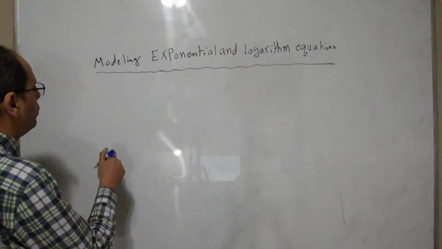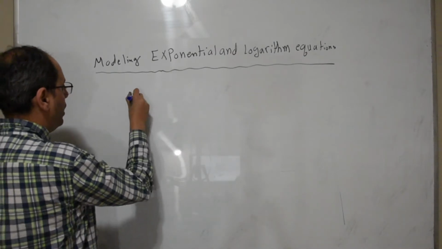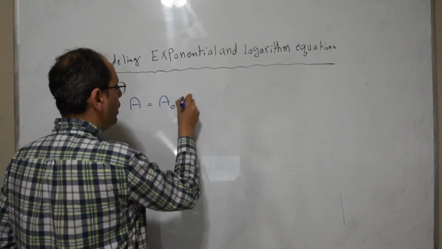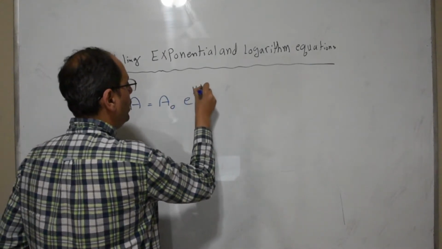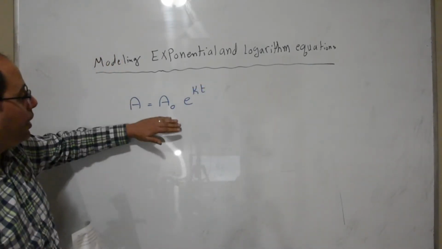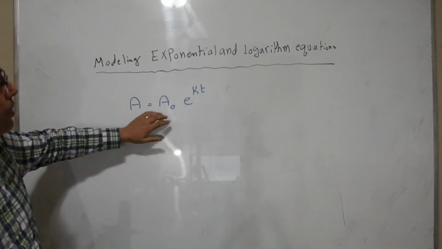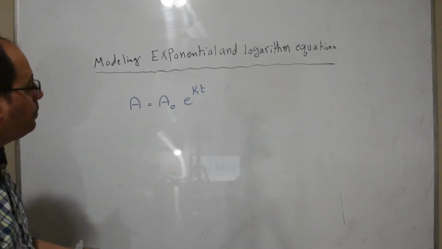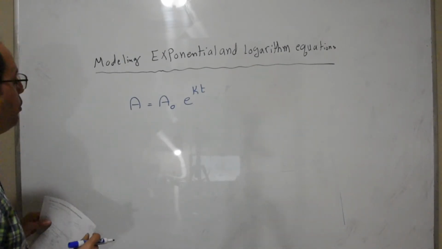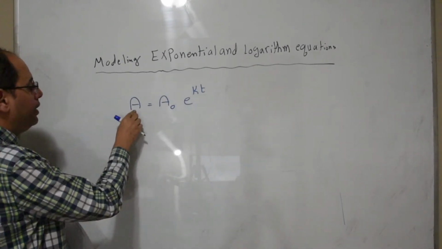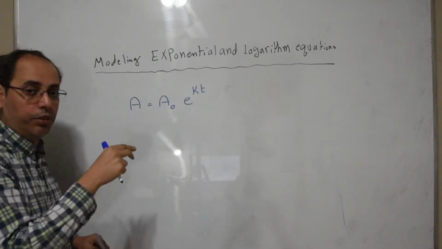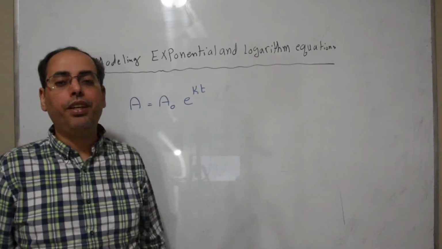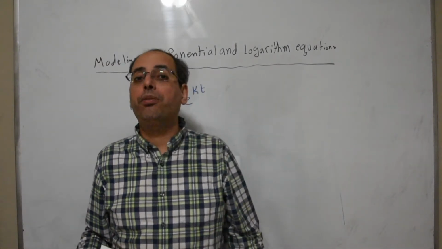So we have to know that the equation is A equals A naught e to kt. So this is my model. This is the equation that I use to model any application, and I have to define that A is the amount, could be the population, could be money, could be anything.